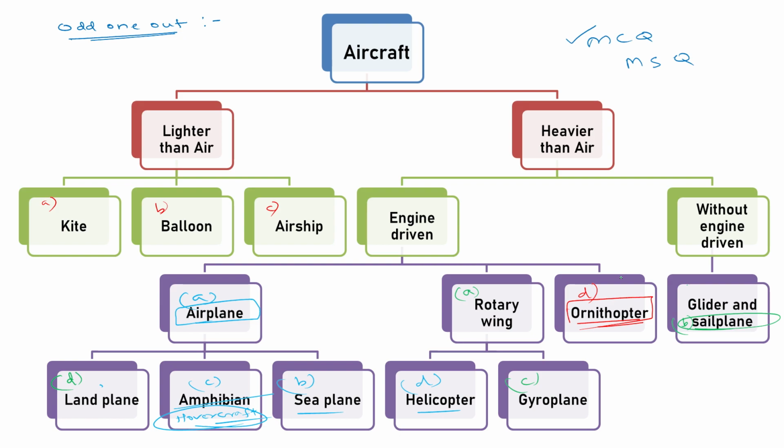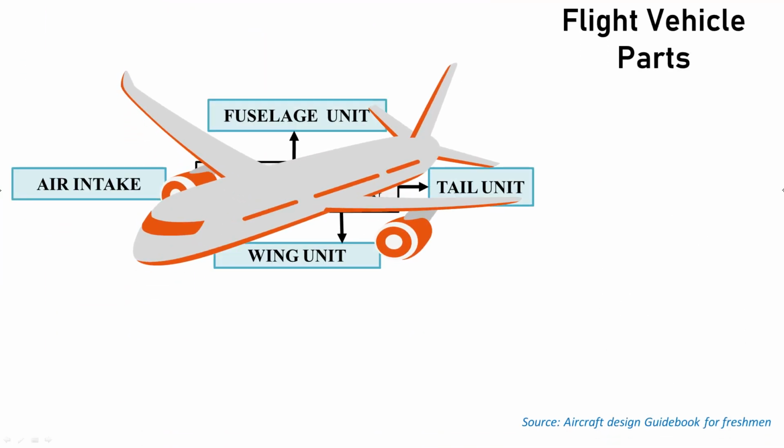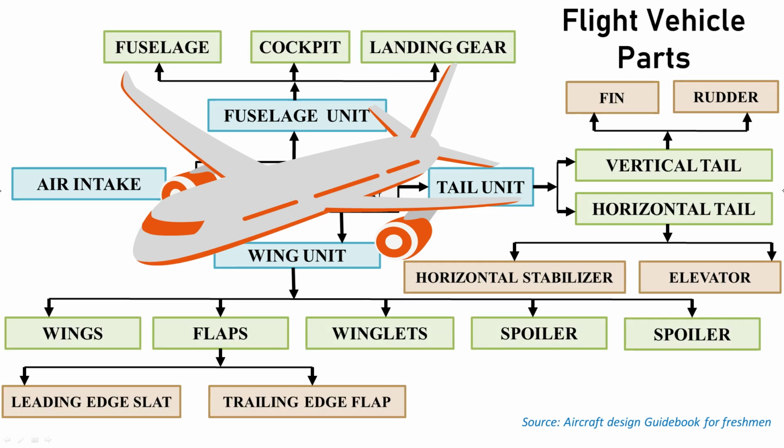They might also ask to pick the odd one out, or pick the correct one. This kind of question they frequently ask, so you should know this nomenclature. Here I don't have to say much.